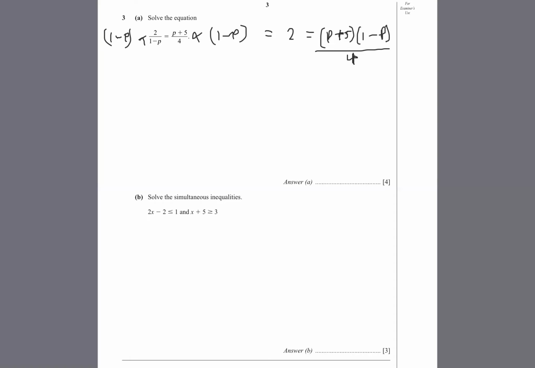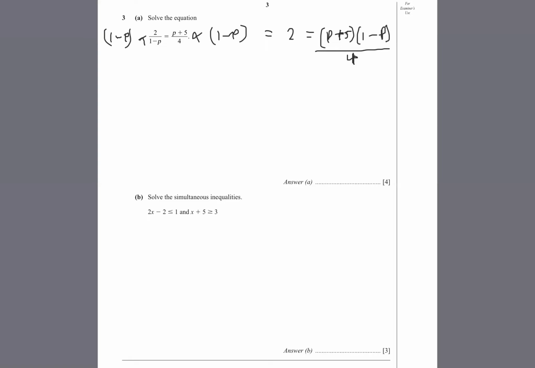One mistake that people usually make is that they multiply the p plus 5 only with the 1, yet the 1 minus p multiplies everything. So don't make that mistake when solving this question.